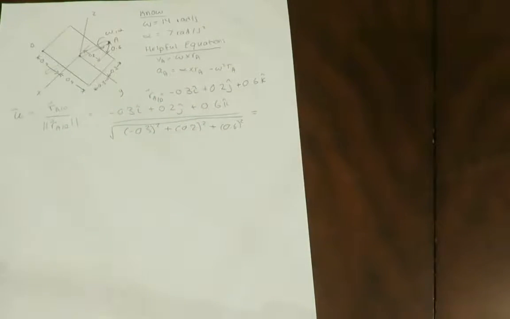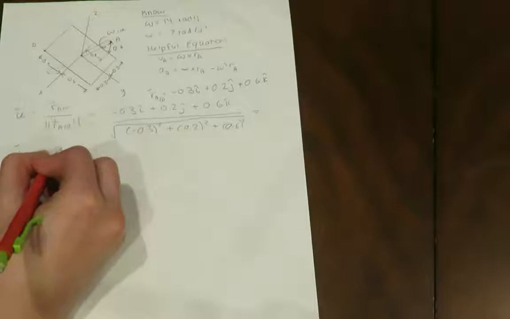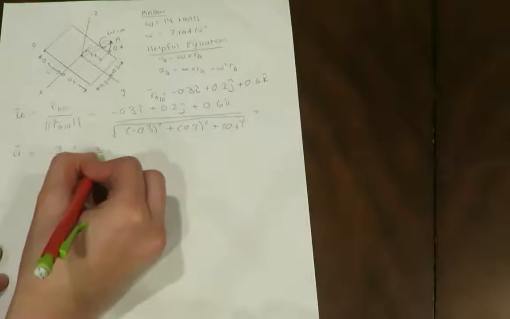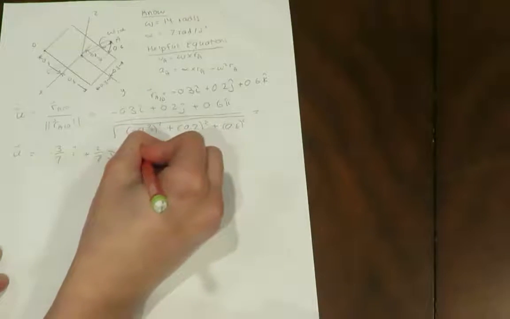So when I calculate that out, I find that our unit vector is equal to negative 3 over 7 i hat plus 2 over 7 j hat plus 6 over 7 k hat.